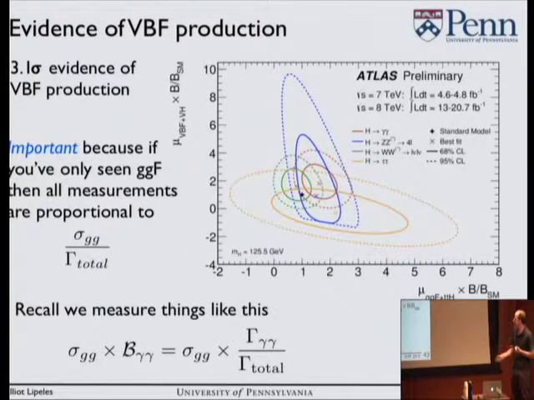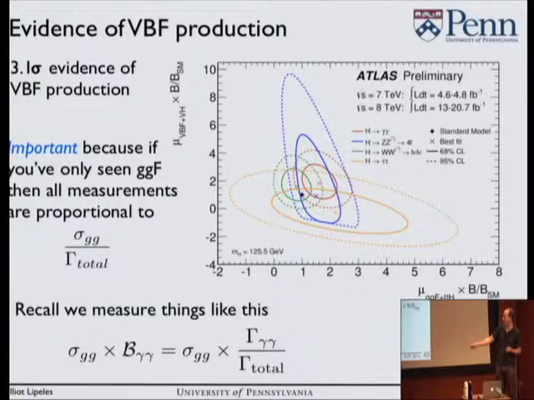So another thing, why is it important to see VBF production? Well, it's important because if you've only seen gluon fusion, then every single cross-section you measure, a branching fraction times cross-section, is proportional to the gluon fusion cross-section divided by the total width of the Higgs. If I measure glue-glue production to gamma-gamma, I'm measuring glue-glue production times the decay rate to gamma-gamma over the total width.